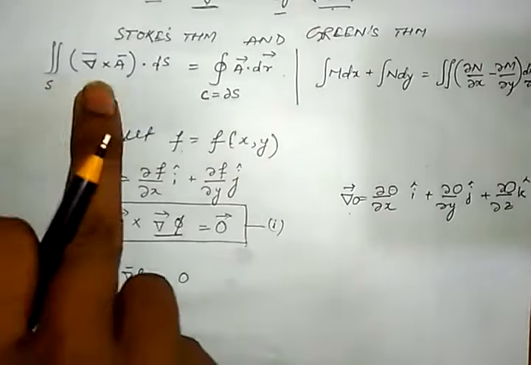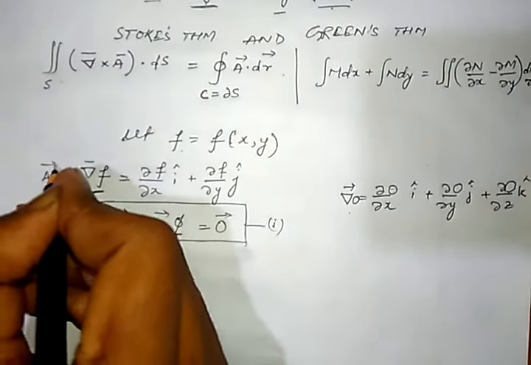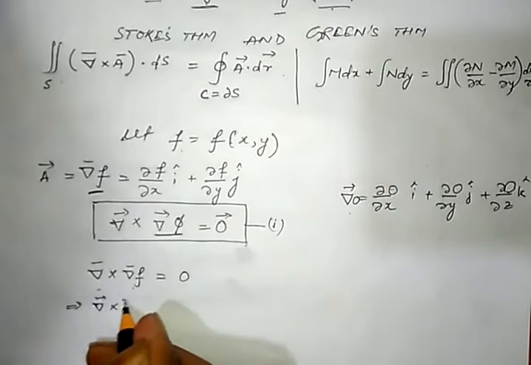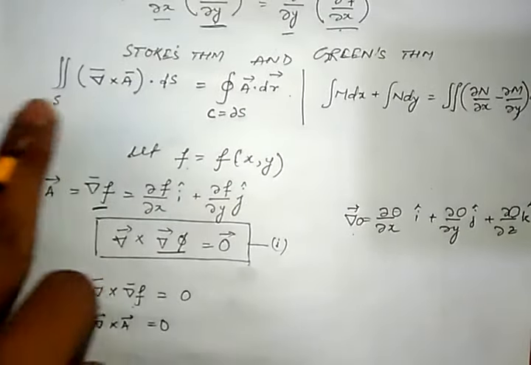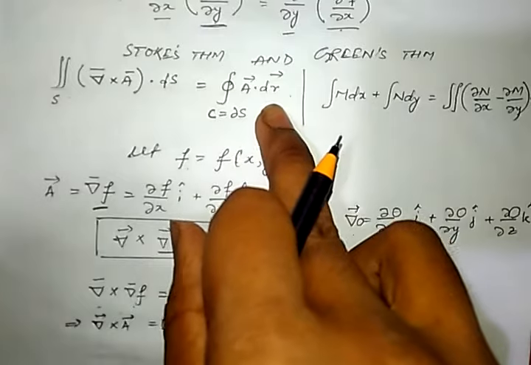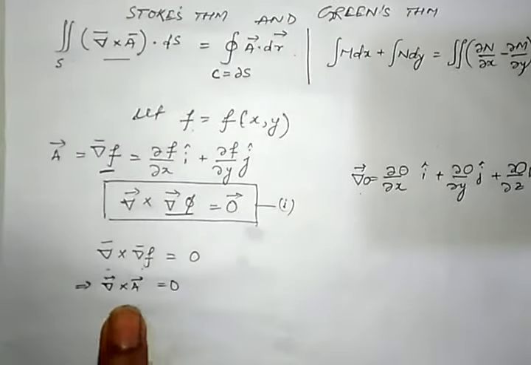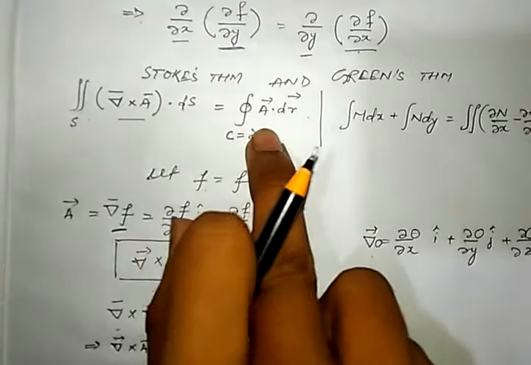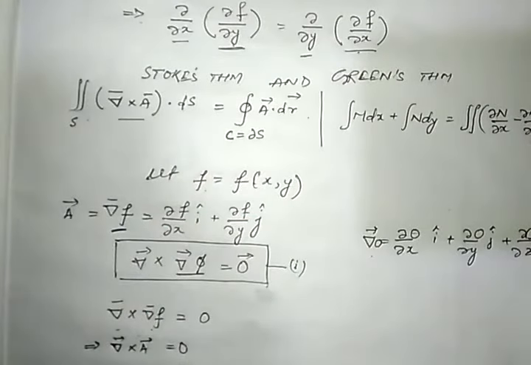Well, curl comes up in Stokes theorem, and if we assume that grad f is equal to A, then we can rewrite this as curl of A is equal to 0, and from there we can conclude that this part of the Stokes theorem, this area, is equal to 0, and hence A dot dr is also equal to 0. Since curl of A is 0, we can say that this part is 0, and hence the line integral of A with respect to dr is going to be 0.